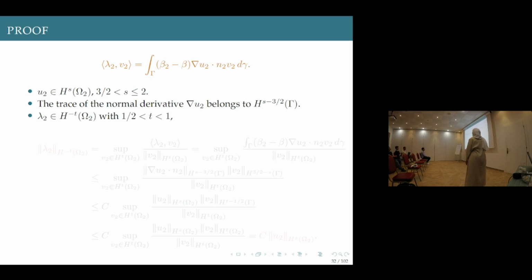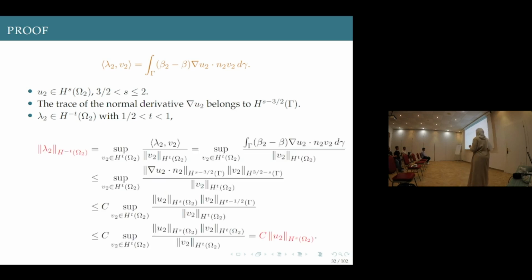That makes lambda 2 in H^(minus t), where t is between 1/2 and 1. So the first tool I need is the H^(minus t) norm of lambda 2. Using the definition of the dual norm, this is the supremum of the duality divided by the H^t norm of v2.